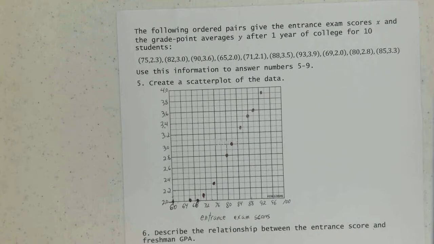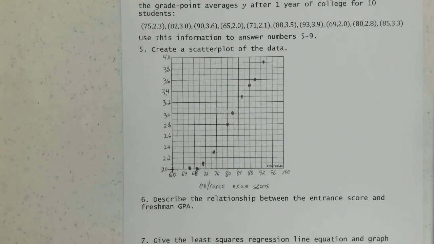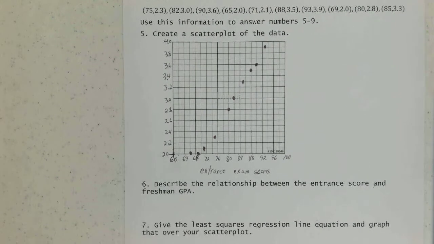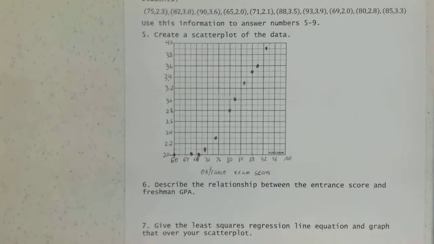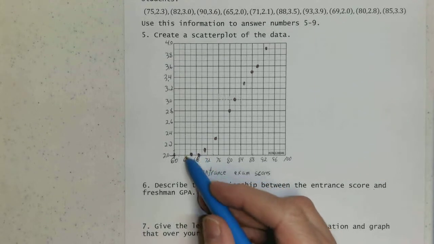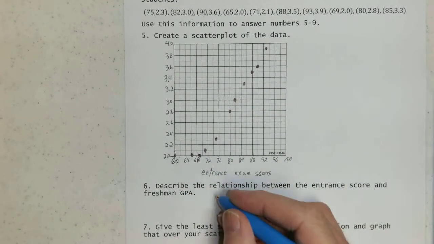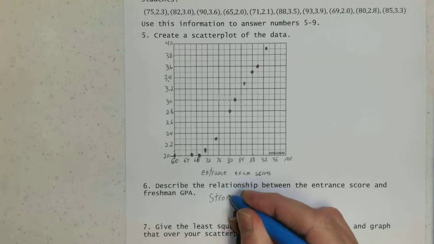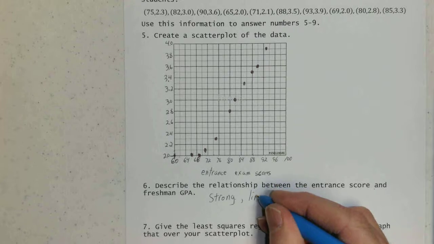Now, describe the relationship between the entrance score and freshman GPA. This looks like a pretty strong relationship. The higher the entrance score, the higher the GPA. And, I don't know, you've got this point here. This one looks kind of like an outlier, but it looks like a pretty linear relationship. So I'm going to go, there's a strong linear, positive relationship.